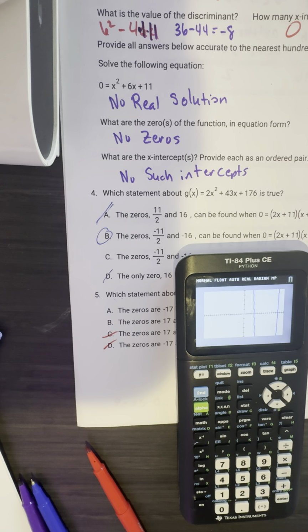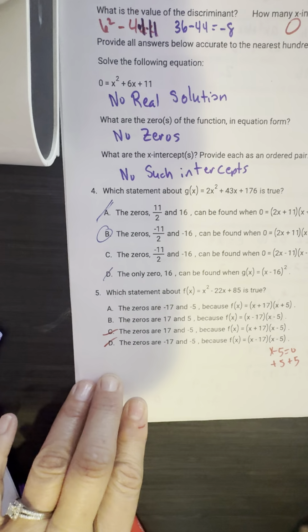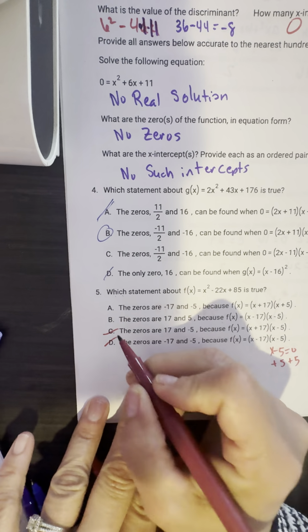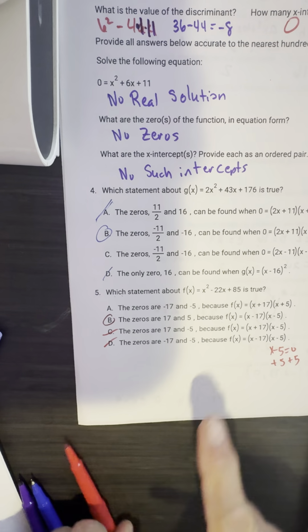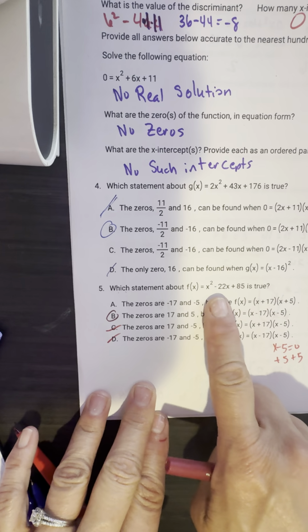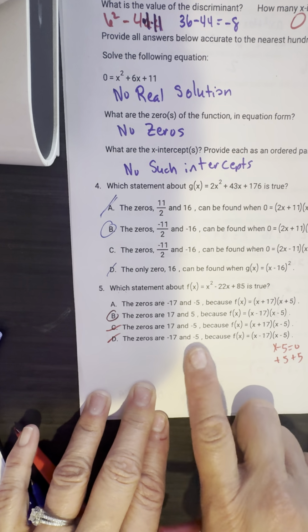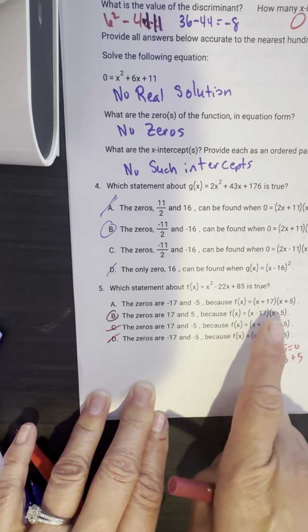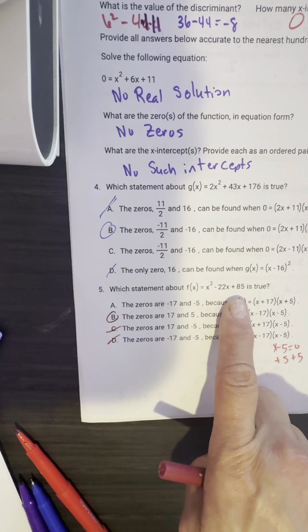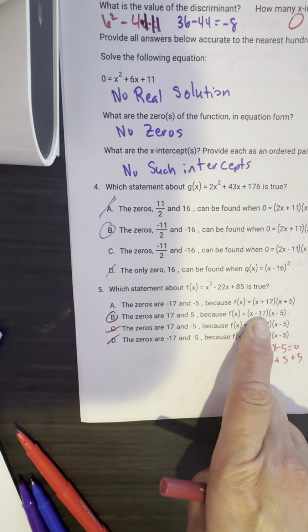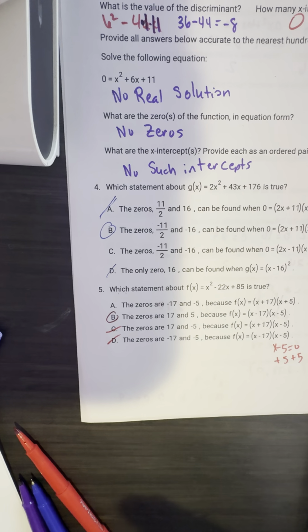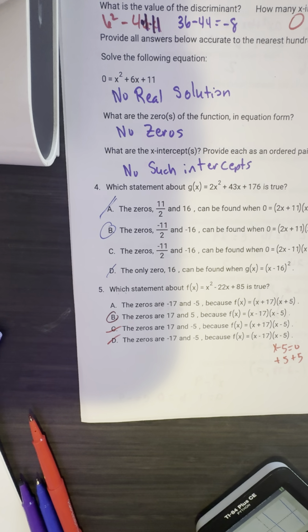So, therefore, my answer is B. So, what multiplies to give you 85 and adds together to give you negative 22? So, negative 17 and negative 5 will give you positive 85. Negative 17 plus negative 5 will give you that negative 22. Questions? So, that's another way you can check your factors also.